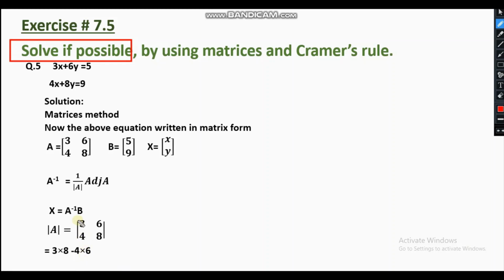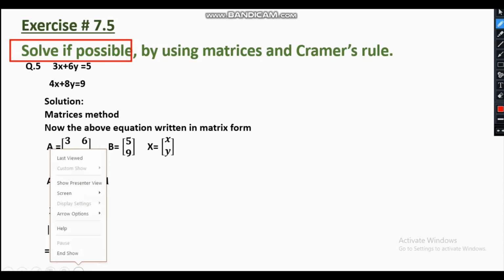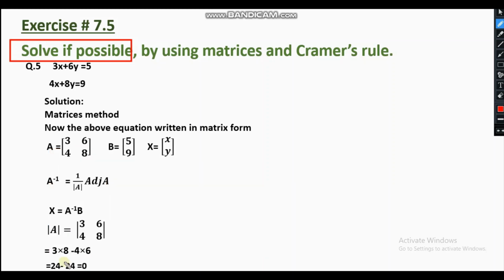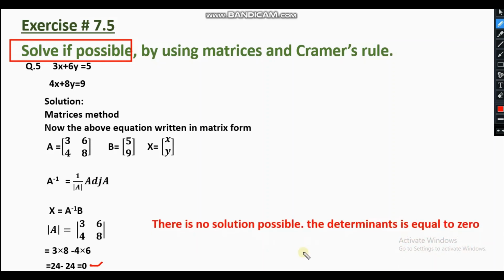In the matrix, 3 times 8 minus 4 times 6. Now 24 minus 24 is 0. So the determinant of this matrix is 0.